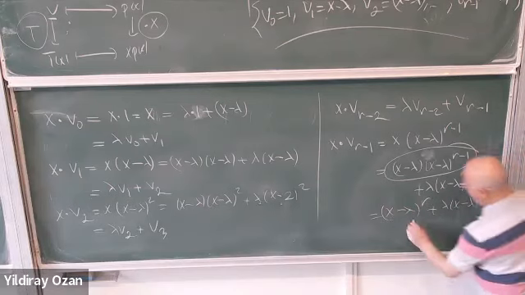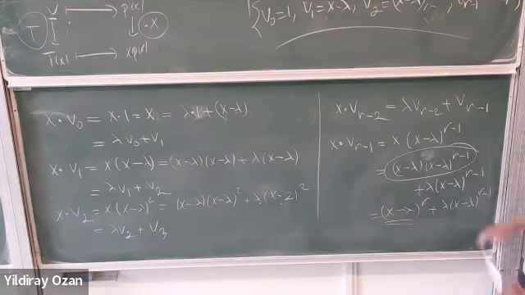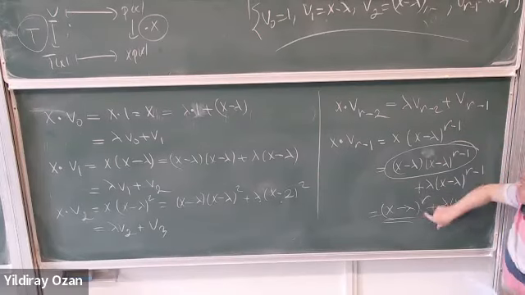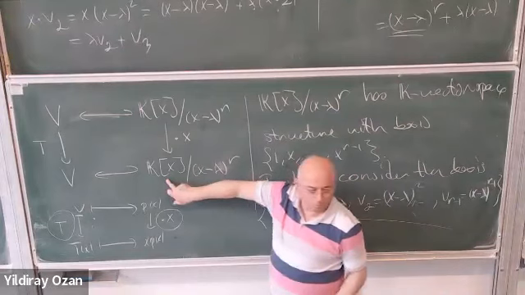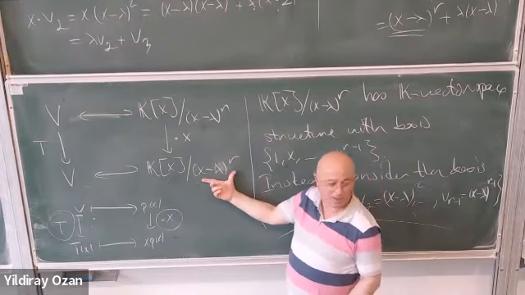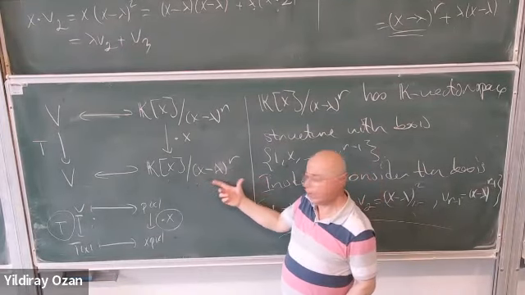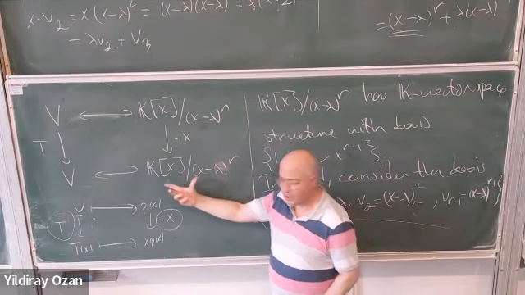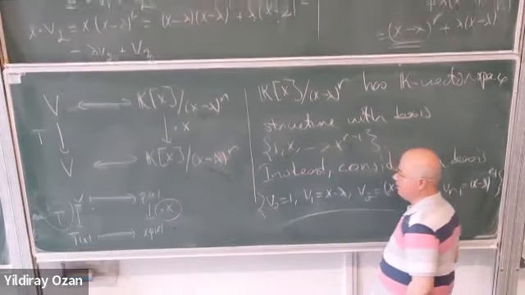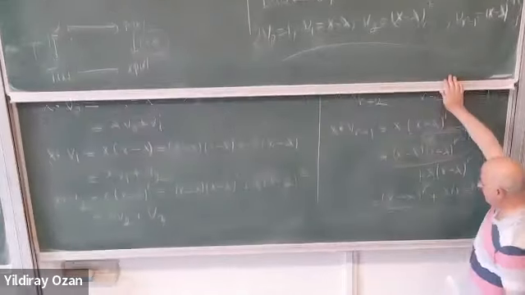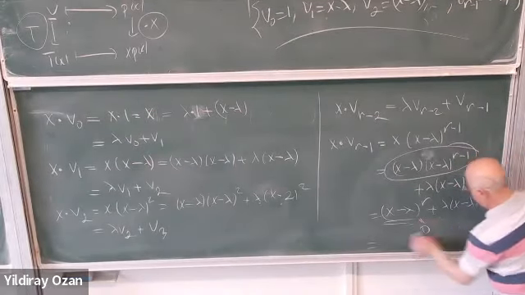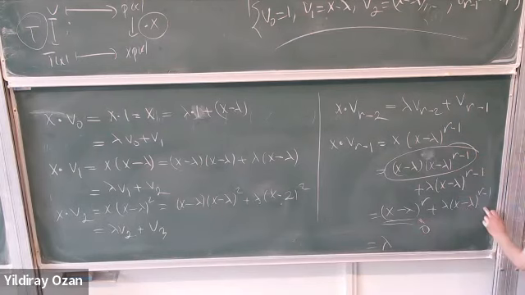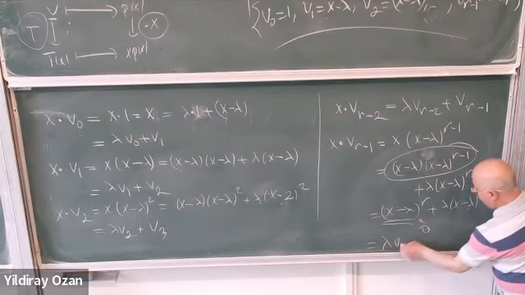However, this thing is just 0. Why is that? Because that is the term we divide this polynomial ring by, right? So x minus lambda to the power r is 0 in this quotient vector space. Therefore, this thing is just lambda times v r minus 1.